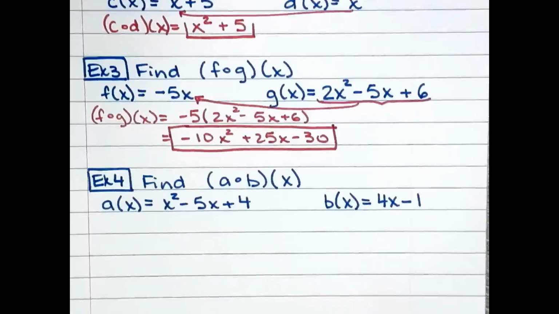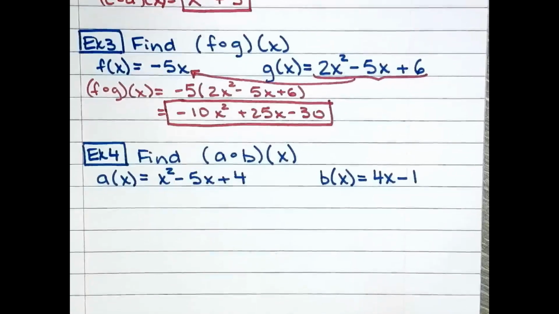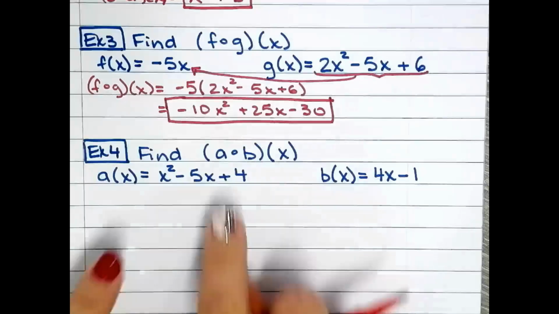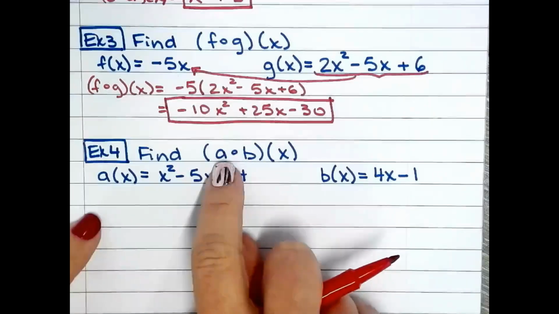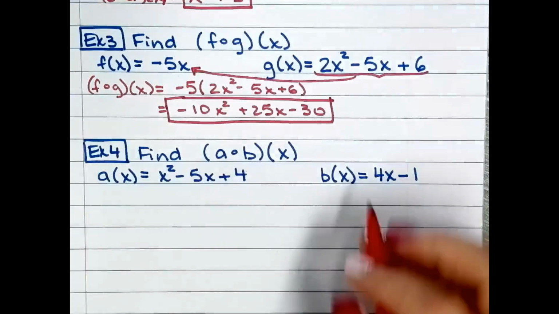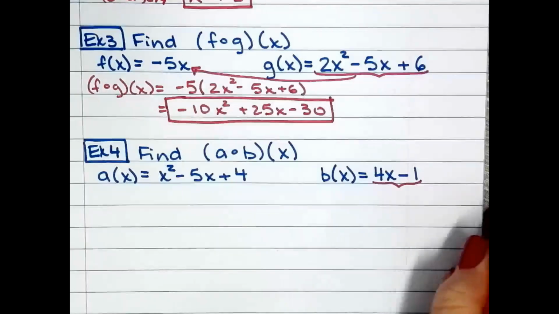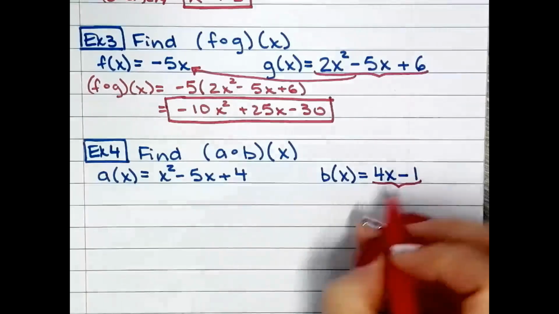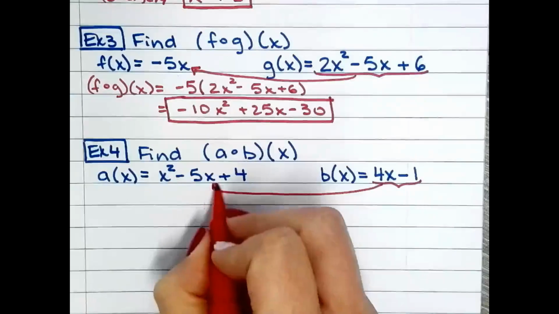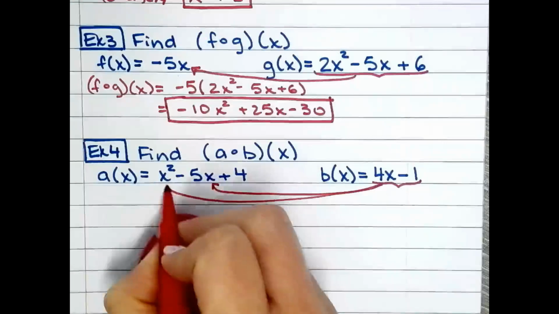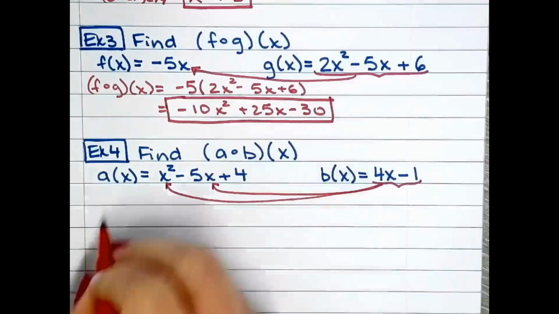Now example 4, we have to do some more work, because I'm finding a compose b of x. That means I get function b, and I will substitute right there for x and right there for x.